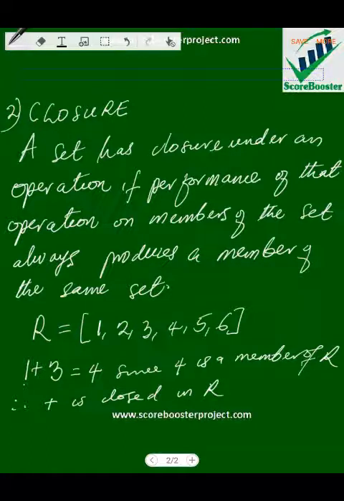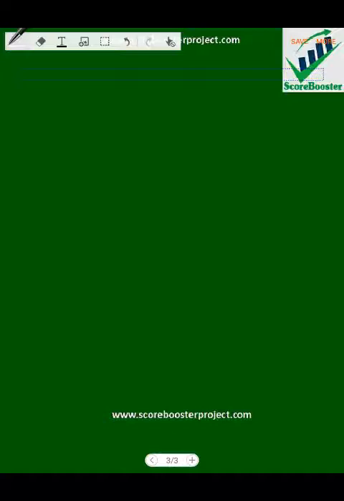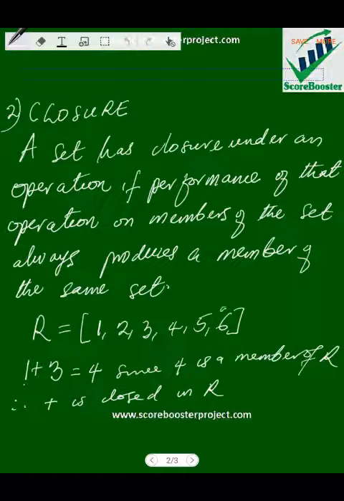Okay, another example. If I have 2 times 3 is equal to 6. 6 is a member of the set. This is 6 here.